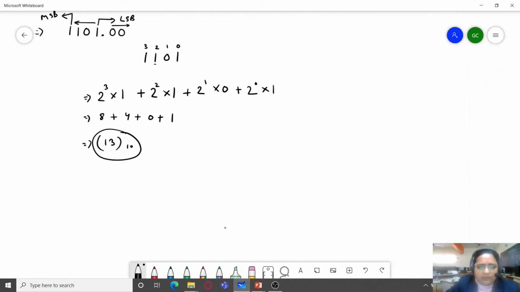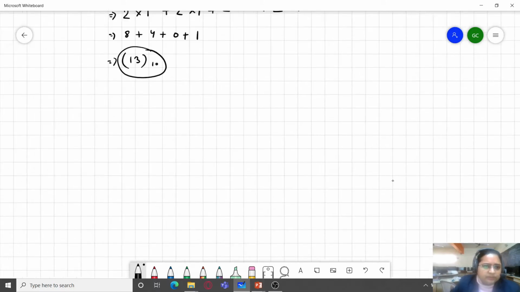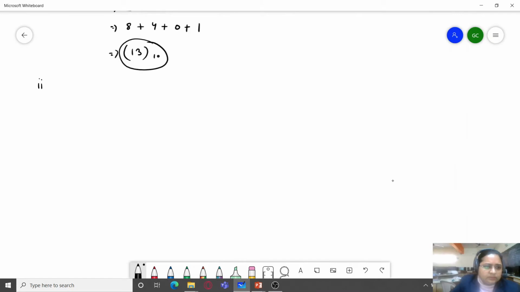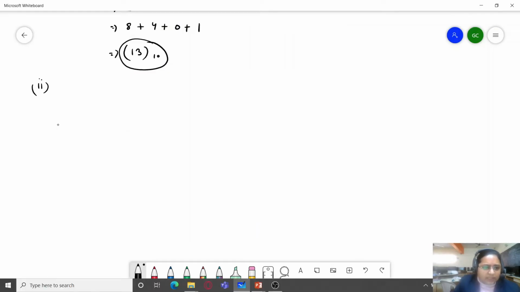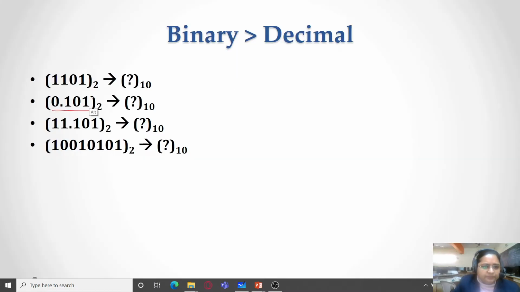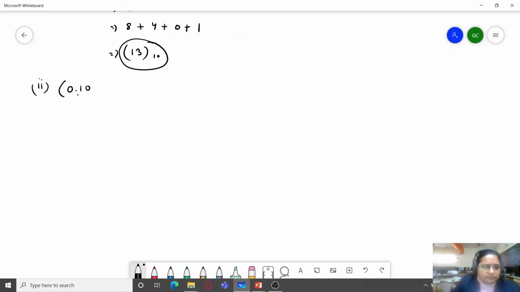Now we would be seeing an example of another number here. The second example is a number consisting of only digits after the decimal point. It's a fractional number. Here also let's first assign weights to each of the digits.